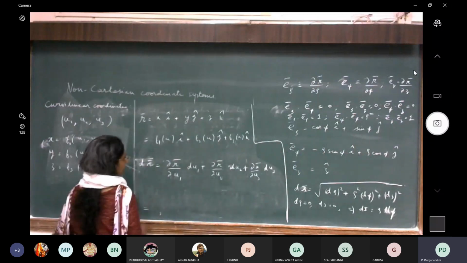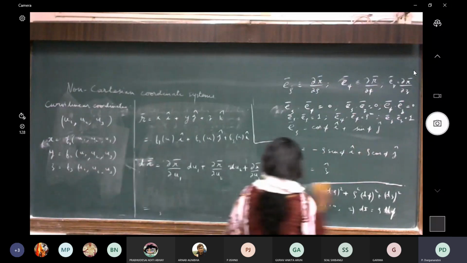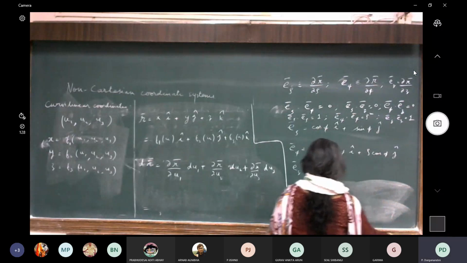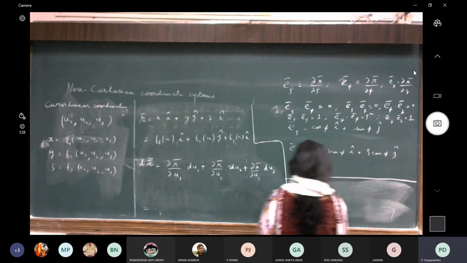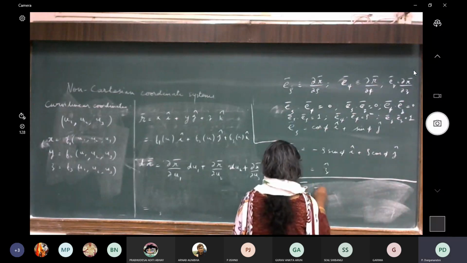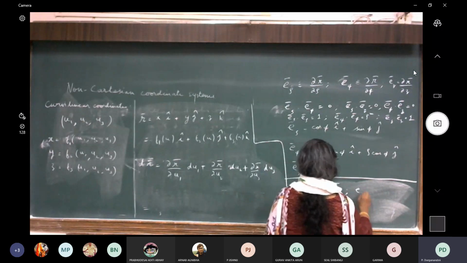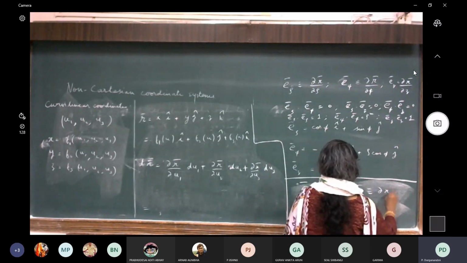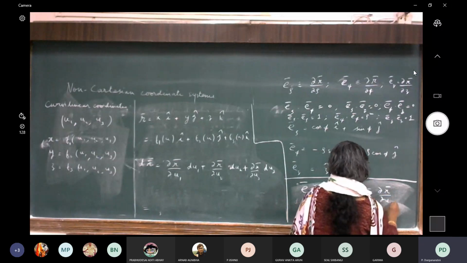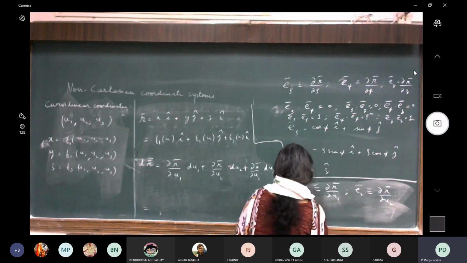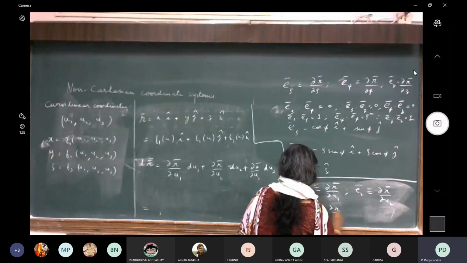And what I will now define is my E1 to be equal to ∂r/∂u1, E2 equal to ∂r/∂u2, and E3 equal to ∂r/∂u3.